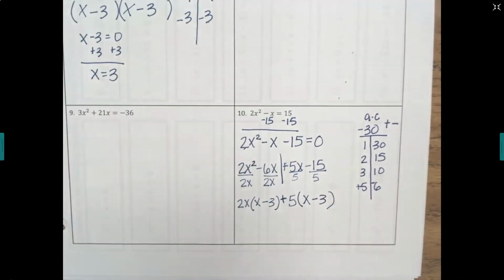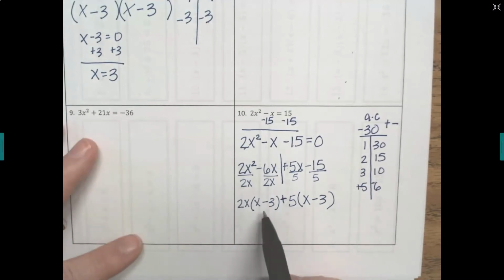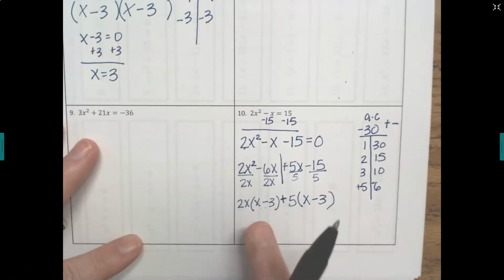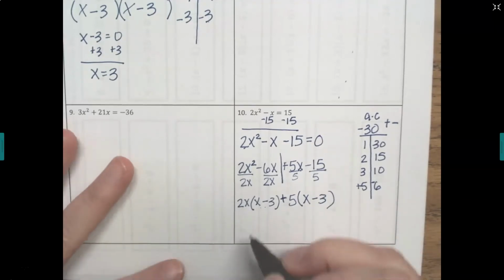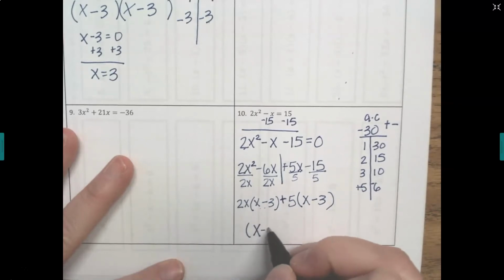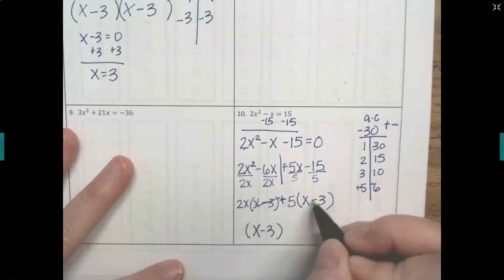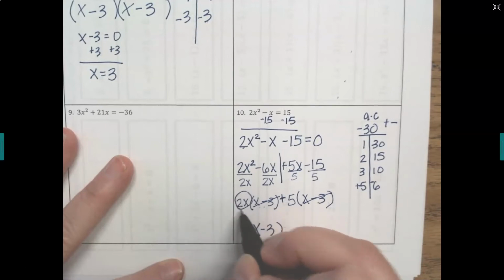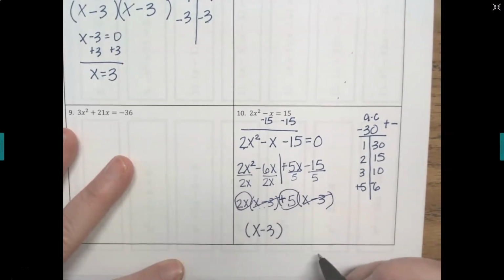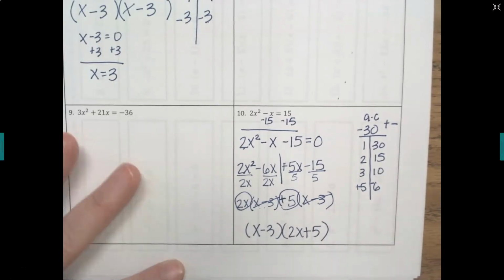So when we remove this, we have the same parentheses. We have 2 terms here, term 1, term 2. They have a GCF of x minus 3, so we want to factor out the x minus 3. They cancel, and what's left behind is 2x plus 5, and that is what goes in the other parenthesis.